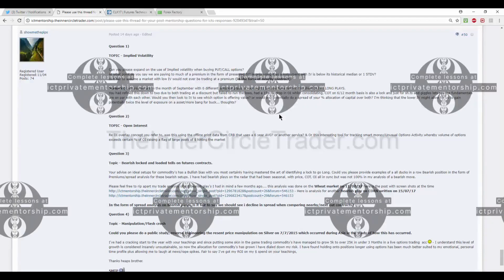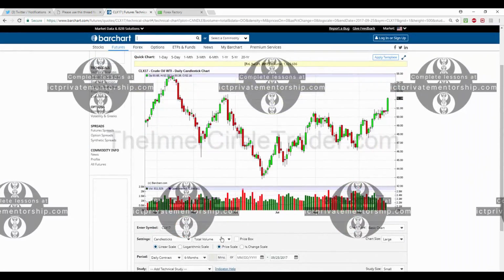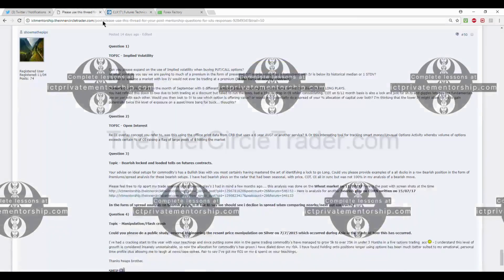There's really no secret to it. And any other time I use open interest is off of barchart.com using total volume, which I just did here with the crude oil market. When you're doing barchart, just use that, not contract volume.